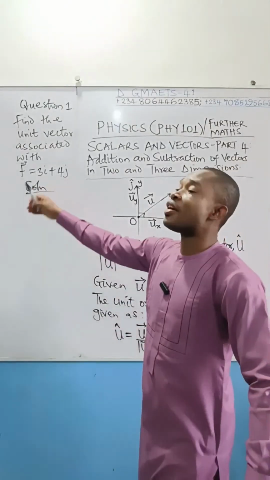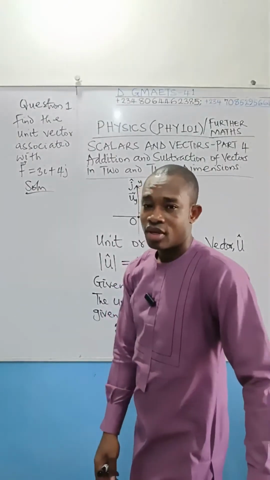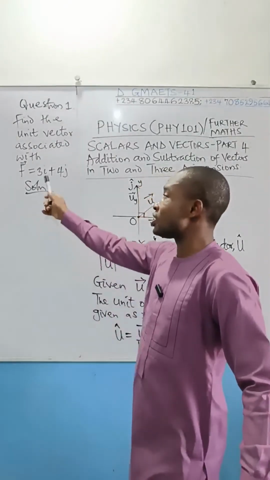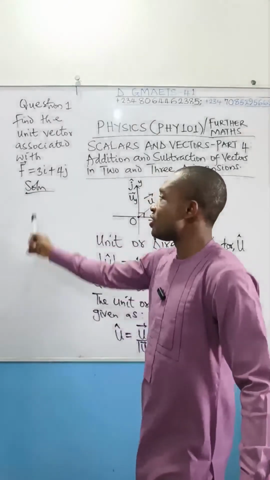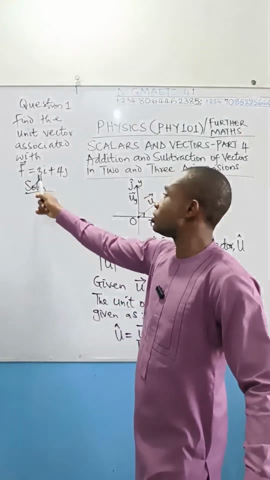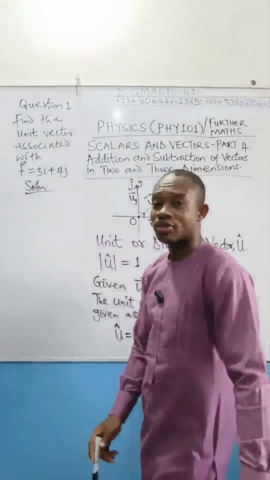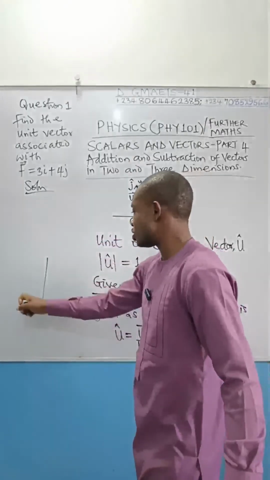If I assume this f to be force, for example, that this vector is defining force, as this is the value of the force in x direction, this is the value of the force in y direction. It's just like you having a sketch like this.